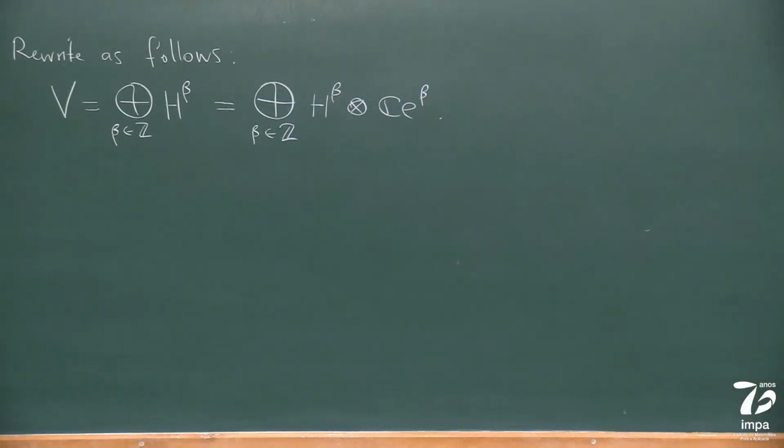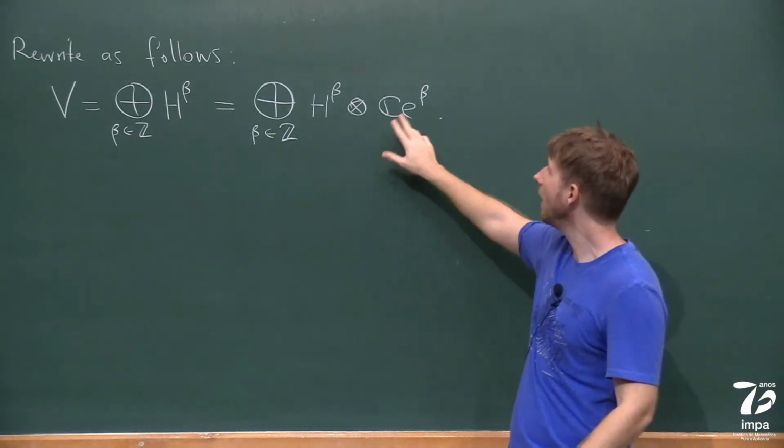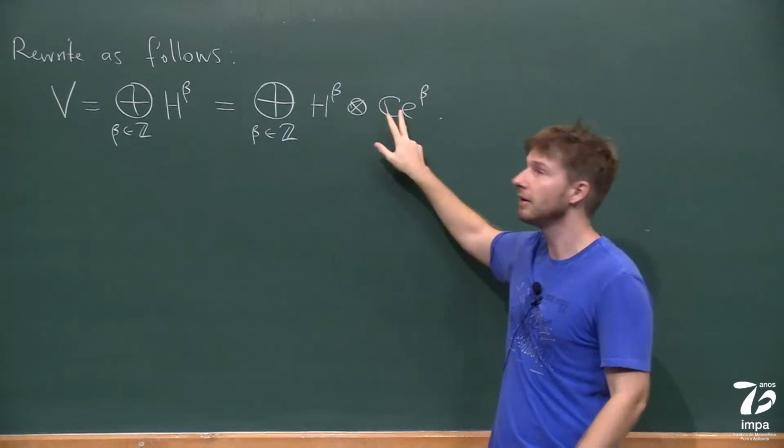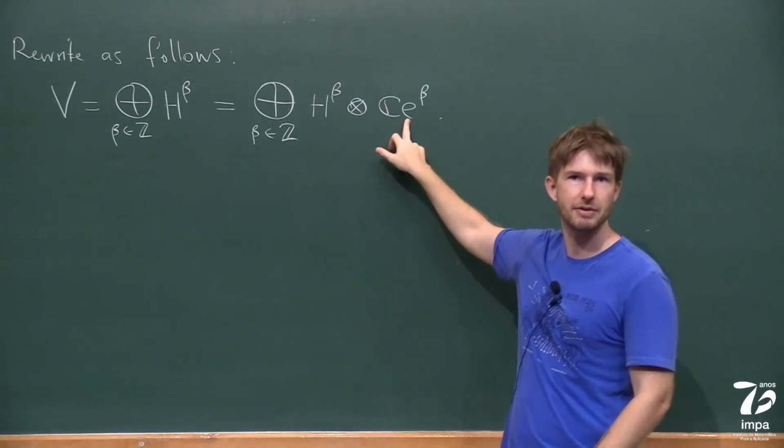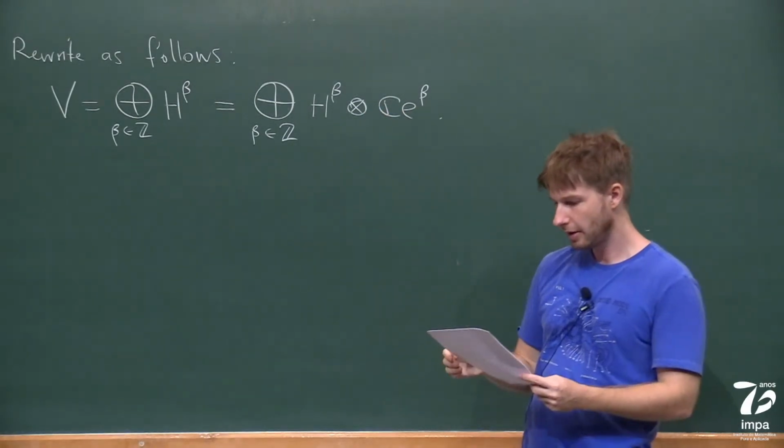So I'll just do a sort of formal change of notation here. Multiply h beta by a one-dimensional vector space with a basis that I'll call E beta.